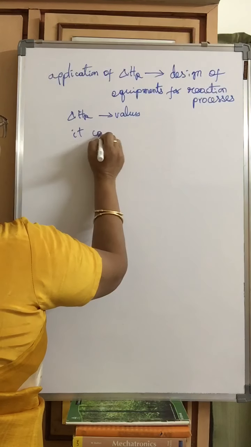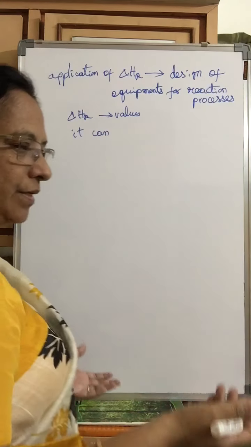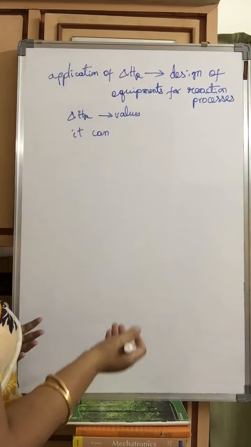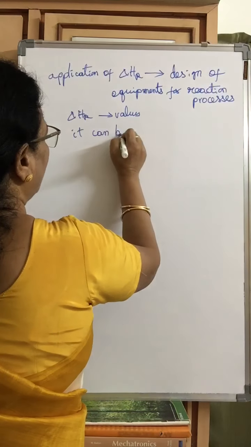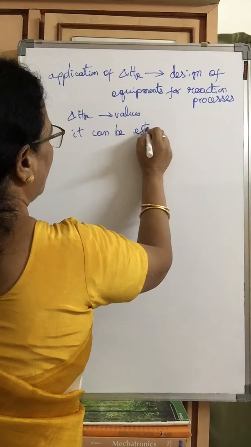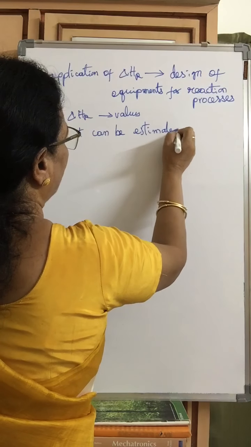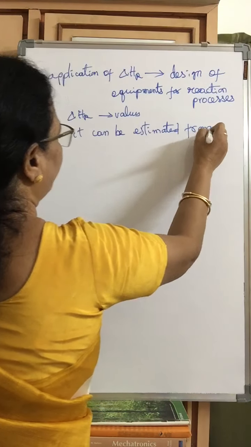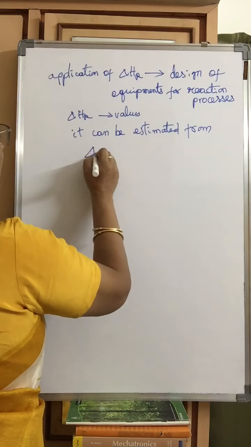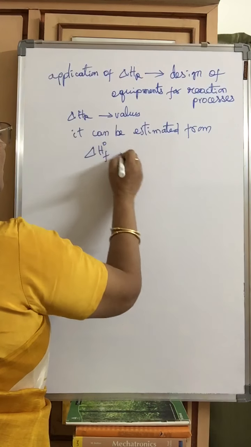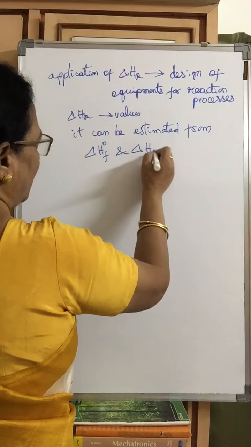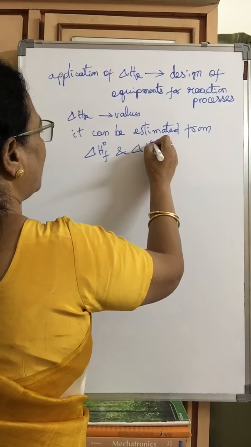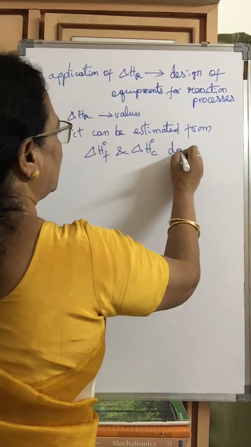Wherever it is possible, it can be measured, and wherever it is possible, it can be estimated. Usually it is estimated from delta HF naught, and we will see what are these delta HF naught and delta HC naught.